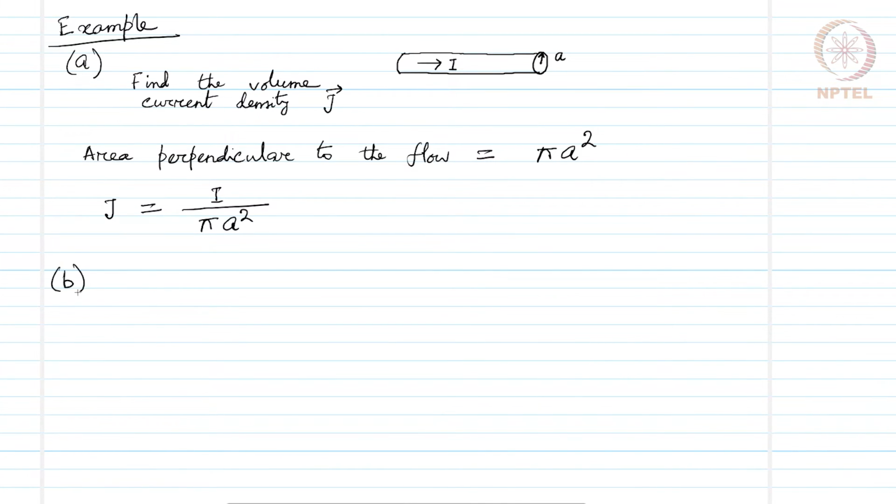Let us consider another example. Suppose the current density in the wire is proportional to the distance from the axis. For the same wire, this time the current density is not uniformly distributed over the cross section. Rather, we have J equals a constant K, which is not the surface current density, just a constant, multiplied by S, where S is the distance from the axis, the usual cylindrical S coordinate.